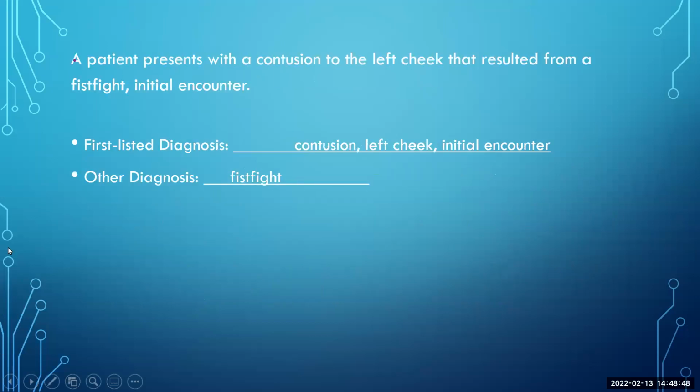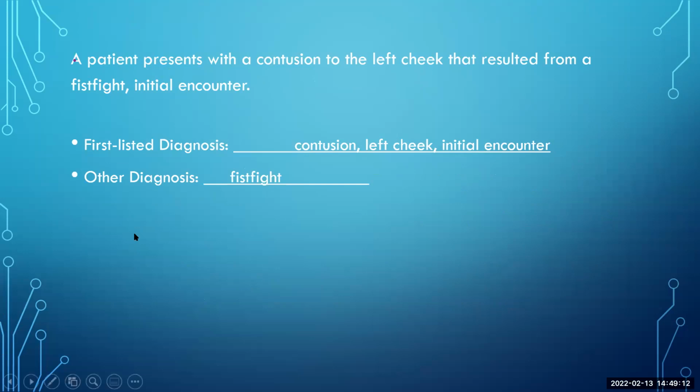So here's how we're going to sequence it. A patient presents with a contusion to the left cheek resulted from a fist fight. So the first listed diagnosis is going to be that contusion, the left cheek, initial encounter. Why? Because that's the only actual injury we know about. The other diagnosis, that's a fist fight. So that is going to be our external cause.